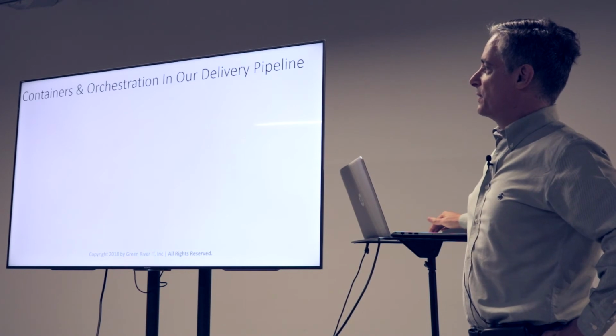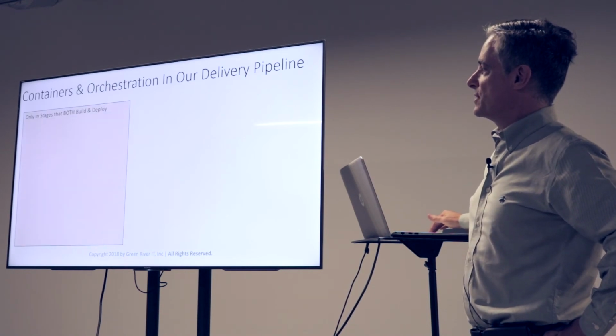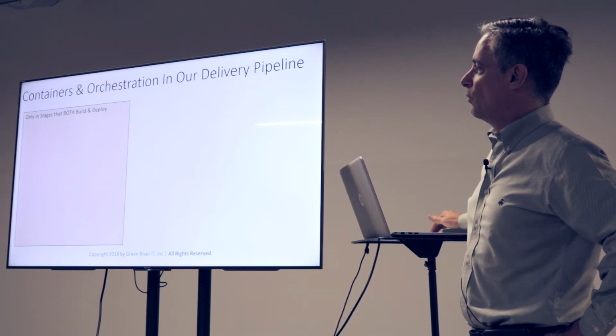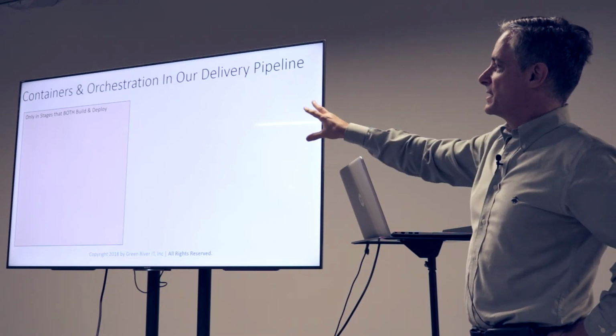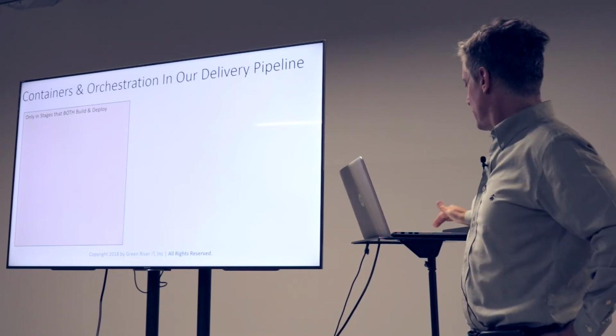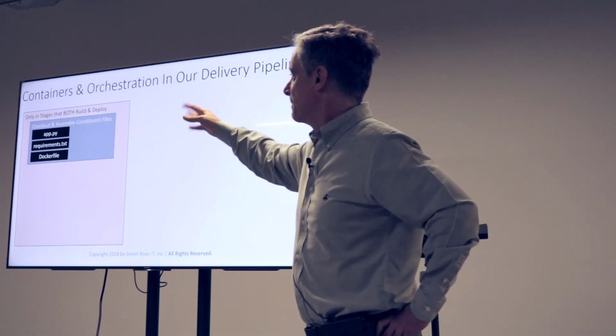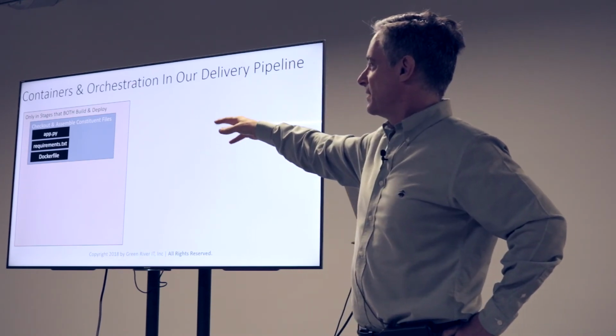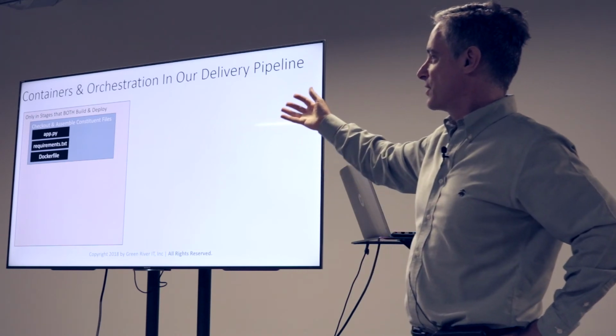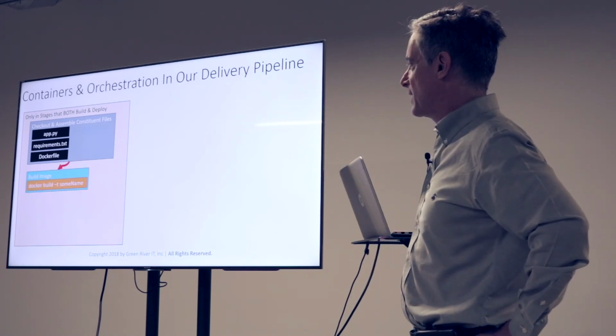So how did we use containers and container orchestration? Well, we had stages that included both a build and deploy, and in those it did things like assemble the files that we needed. Remember, we needed the application code, we needed the requirements list, we needed the Docker file.